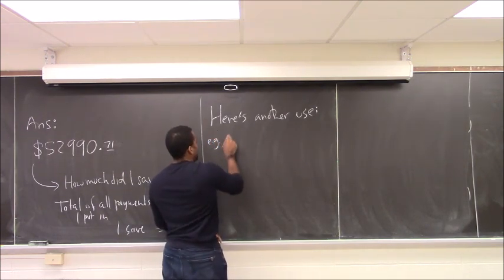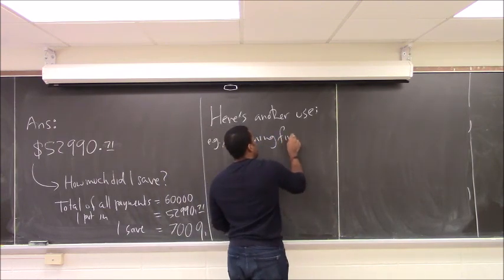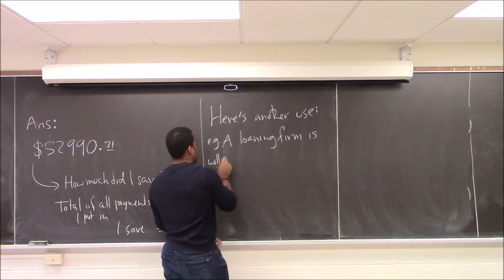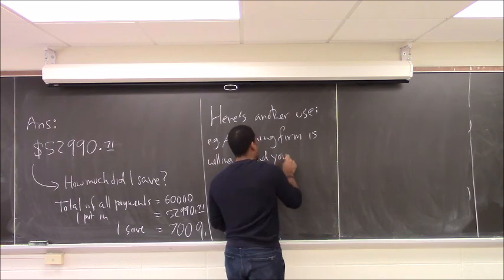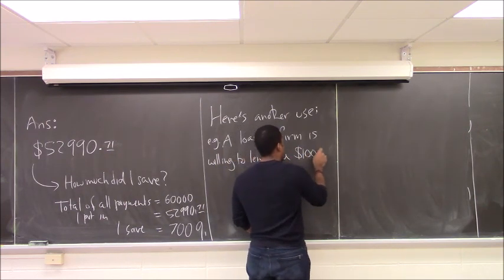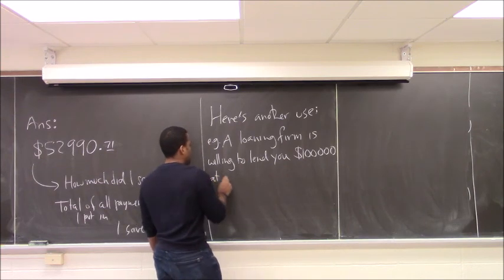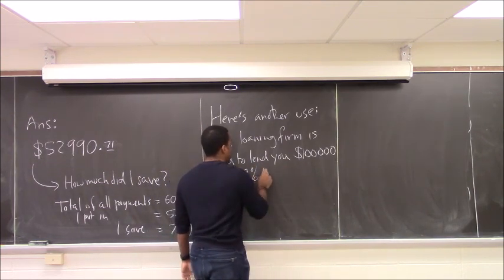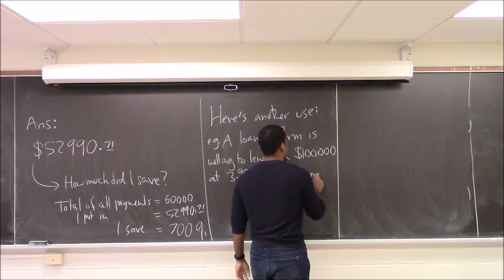So let's say some loaning firm is willing to lend you 100,000 at, let's say, 3.99% APR compounded monthly.